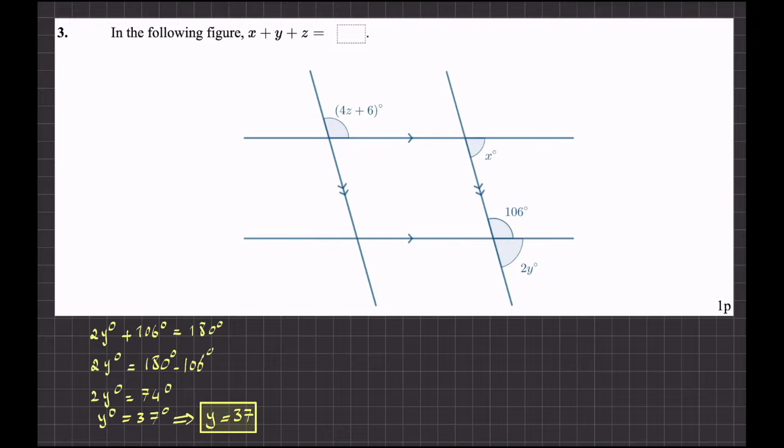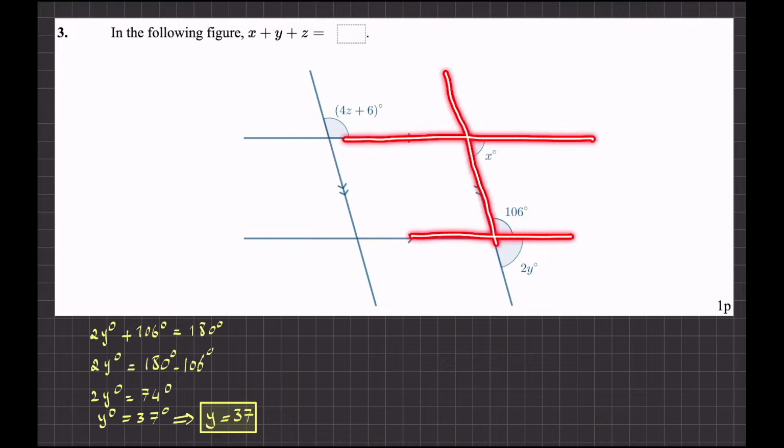Okay, so y is found, and I hope that you immediately understand that x is equal to 2y. Why? Because we know that these two lines are parallel, and this line is cutting both of them, so it is called a transversal. So it means all acute angles constructed on these two lines should be the same. So x is an acute angle, 2y is also an acute angle, so they have to be equal.